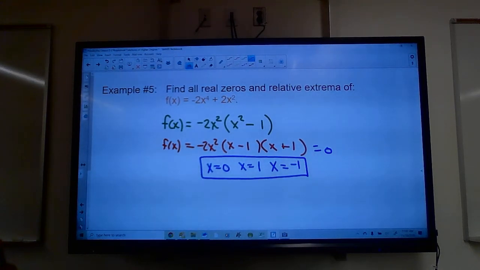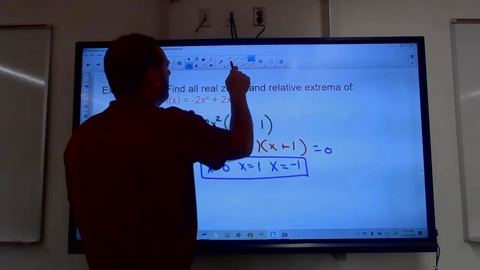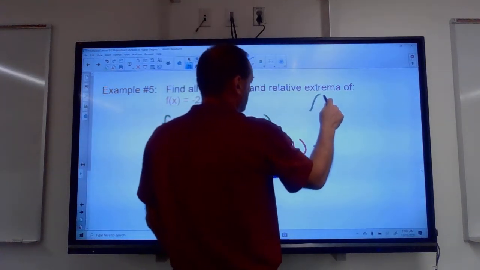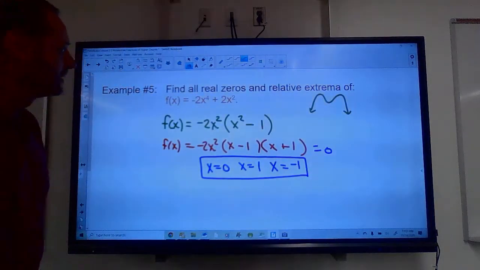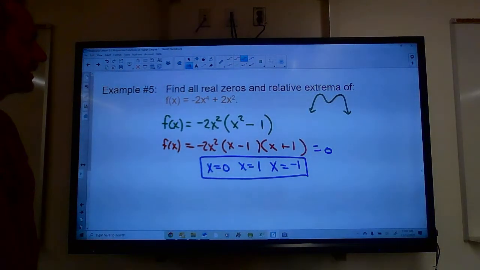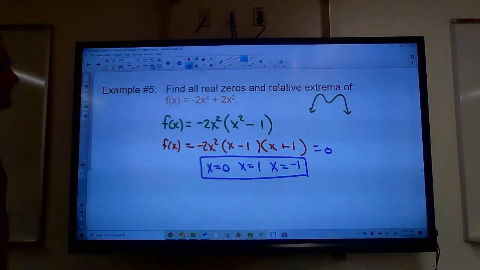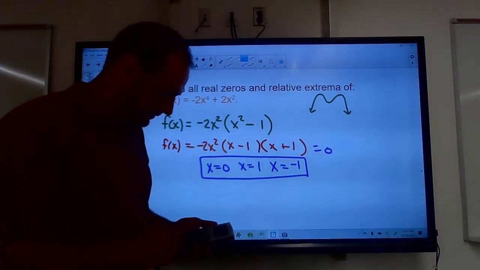Now, I know that an x to the 4th would look something like this. It would have 3 extrema: 2 relative maxes and a relative min. So at this point I would find that on my graphing calculator.